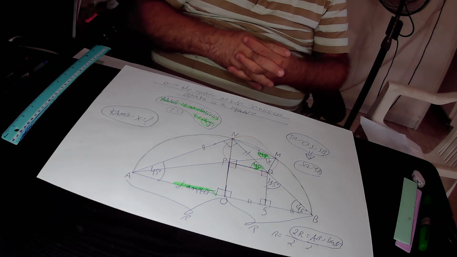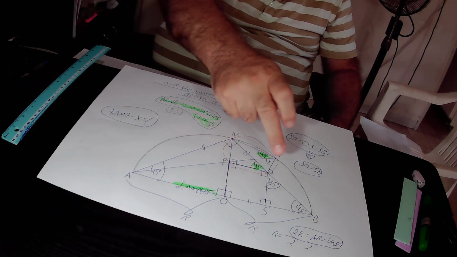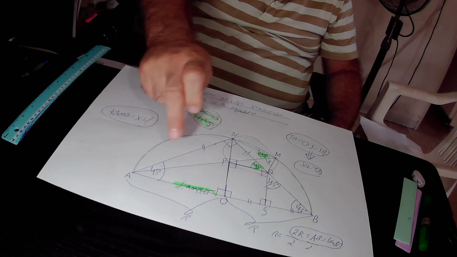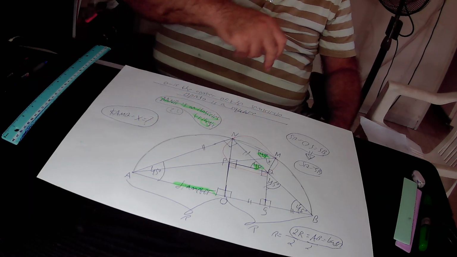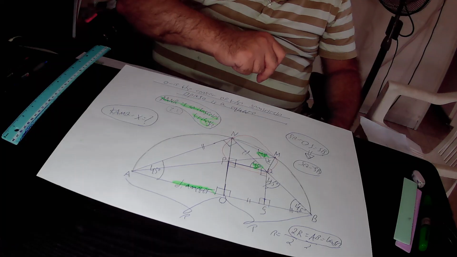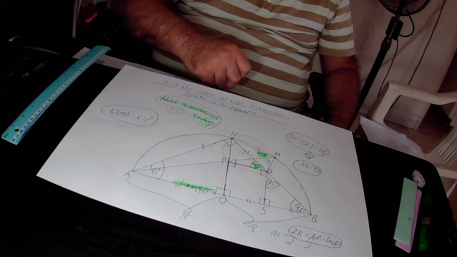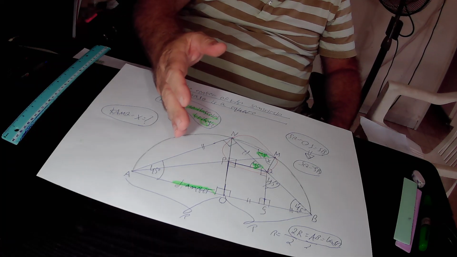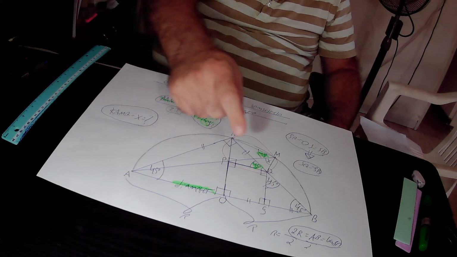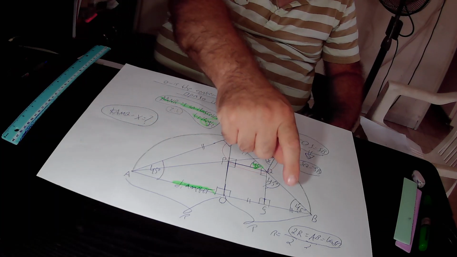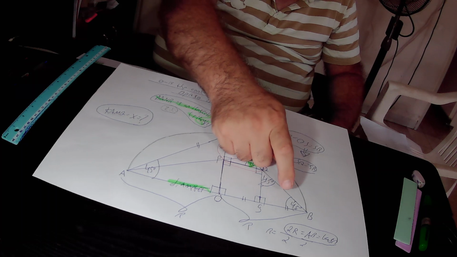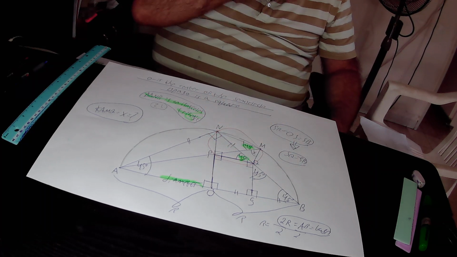Note that AB is the base of the isosceles triangle ANB, but AB is also the diameter of the semicircle. If the radius of this semicircle equals r, then the diameter must be 2r. So AB equals 2r.